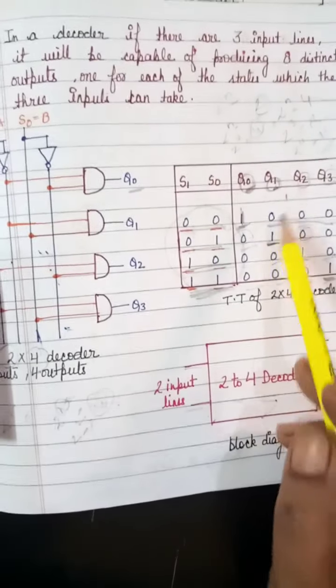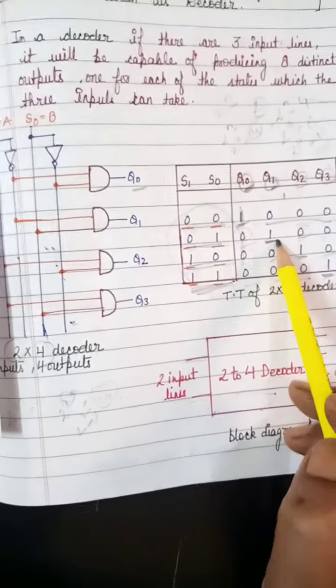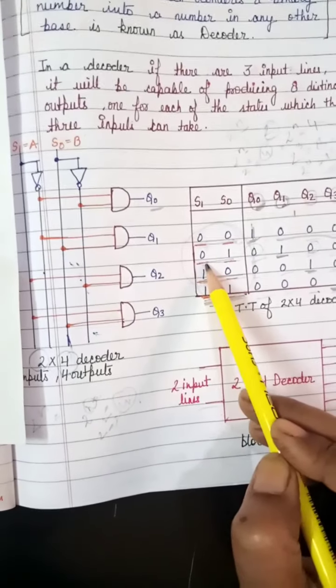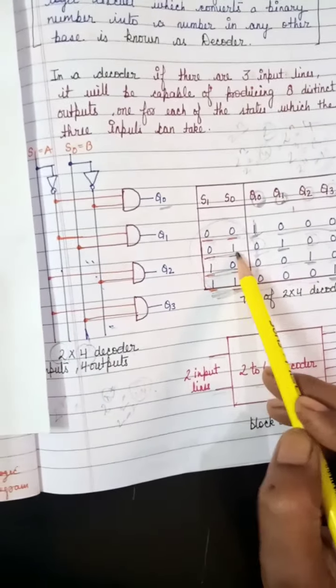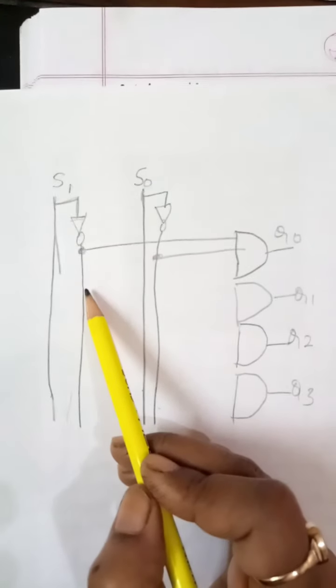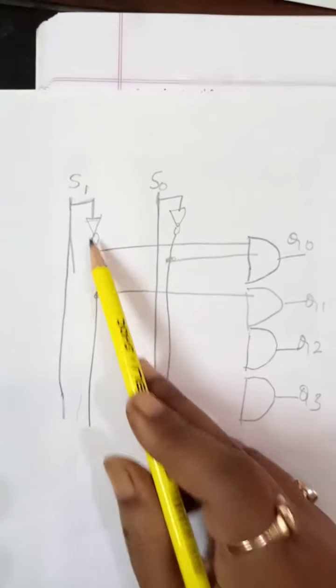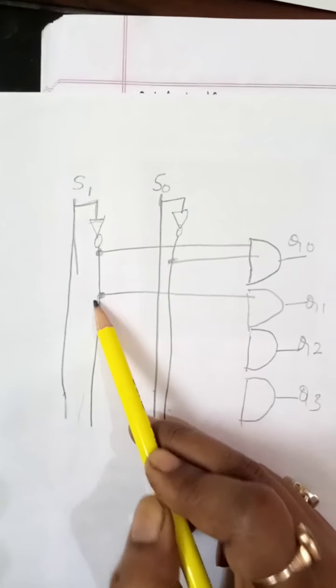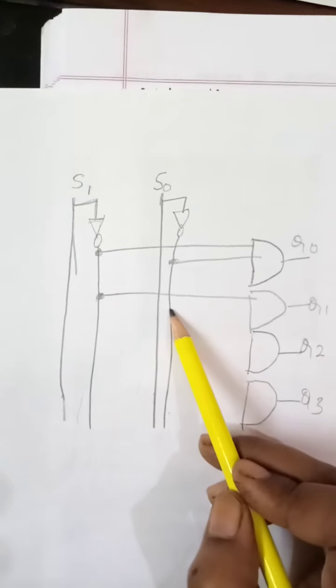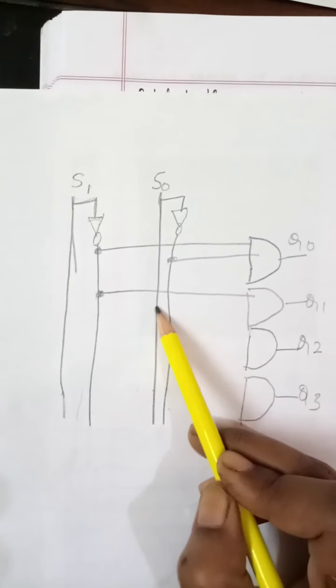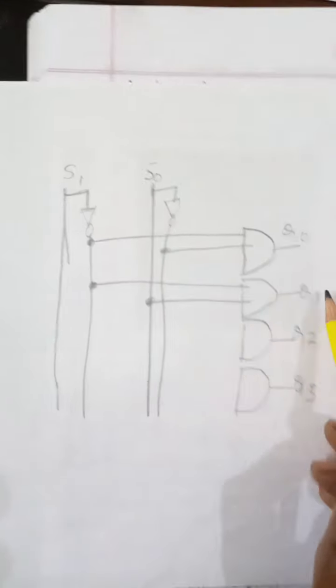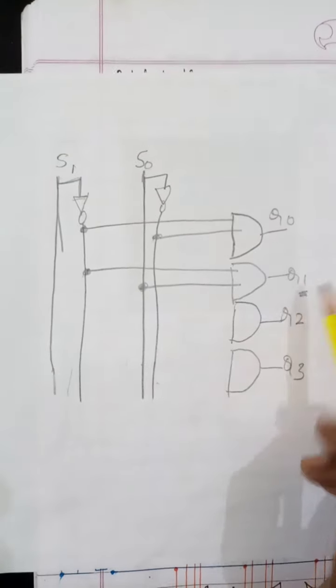And Q1, we are getting 1 when S1 is 0 and S0 is 1, for 0, 1. So S1 is 0 means uncomplemented line, and S0 is 1. 1 is decimal equivalent of 0, 1.